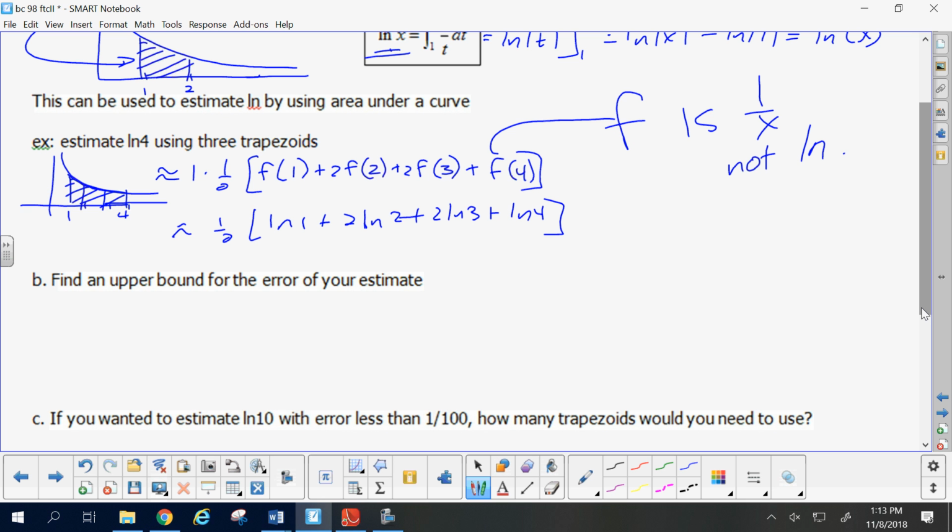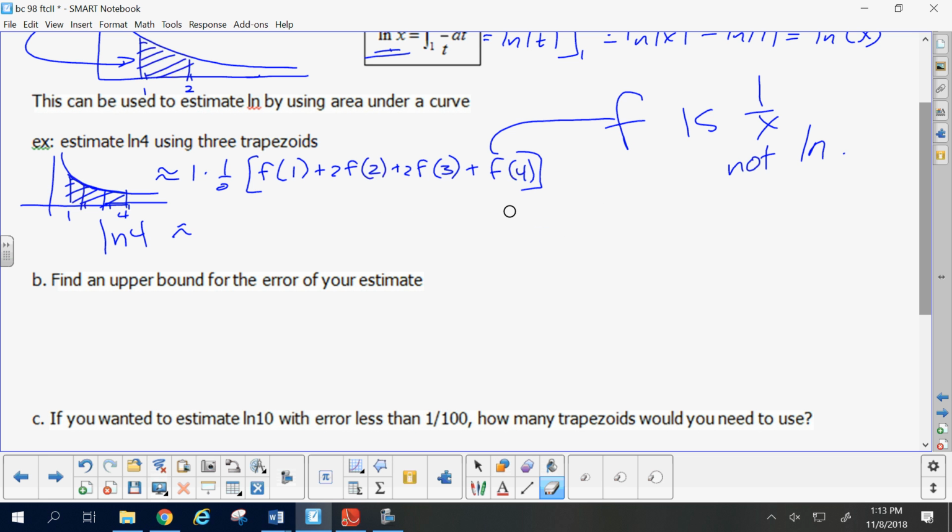This student is arguing that the log of 4 is the log of 4 plus other stuff. That's ridiculous. The curve is not the log curve. The function is 1 over x. So be clear with that.